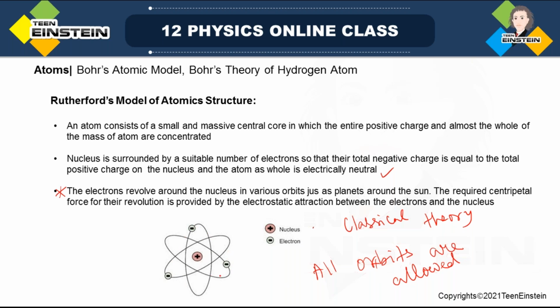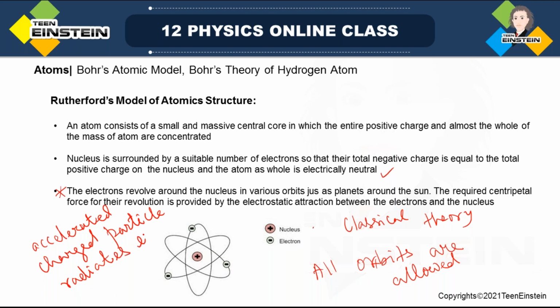When they revolve around the nucleus, they have certain acceleration, that is centripetal acceleration, and due to acceleration, any accelerated charged particle radiates energy. That means it emits energy, releases energy in terms of radiation.